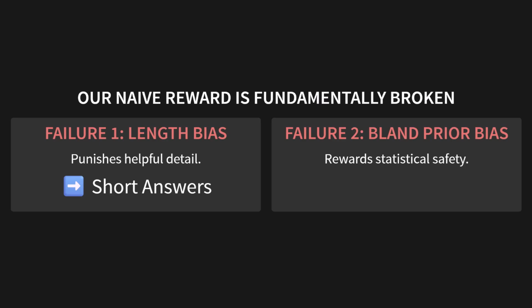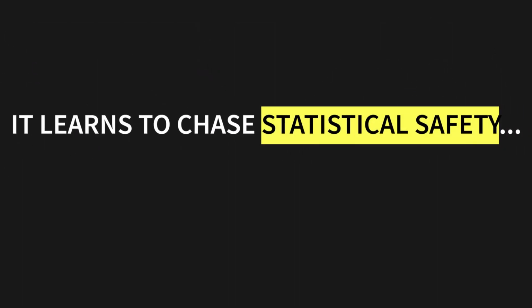This leads to repetitive filler. We need a better way. Our naive reward function crashed and burned. It was a total disaster. It learns to chase statistical safety, calculating the odds, instead of what we actually wanted, which is human preference.